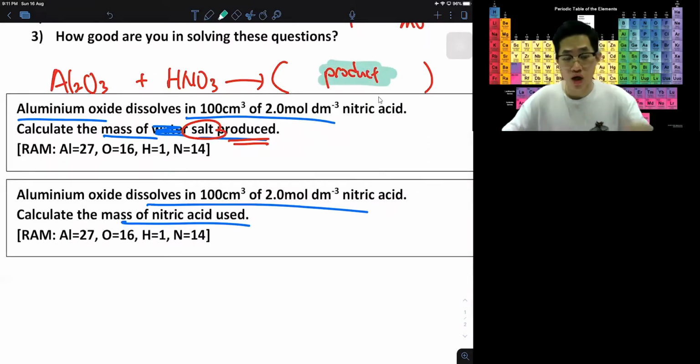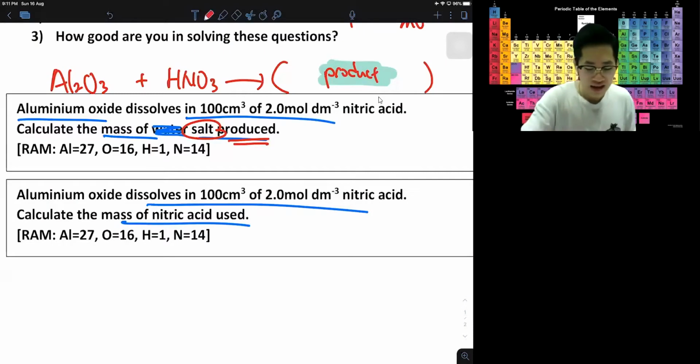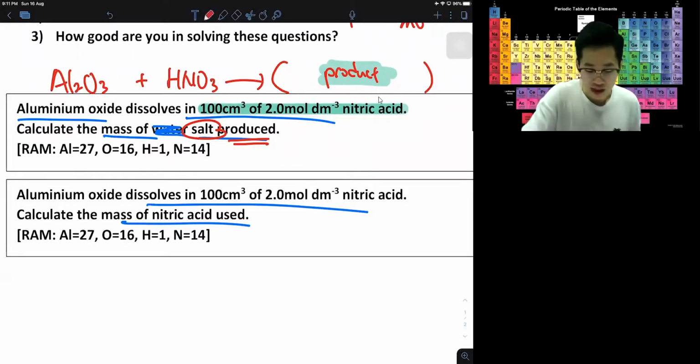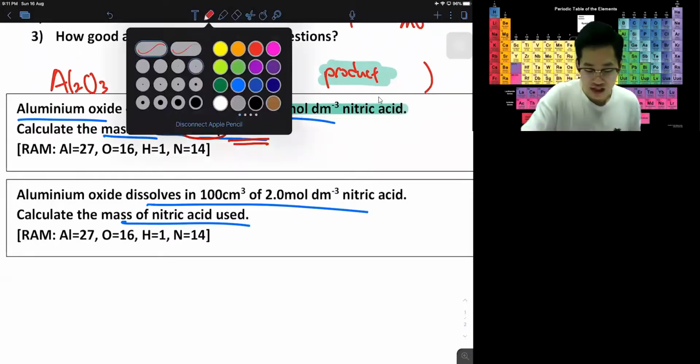Now listen, this is how you identify the types of question. They want you to find the product, and then the value, the number they gave you, is for which substance? Nitric acid. Which one is nitric acid? Here. Can you see? You are highlighting 2 different things.